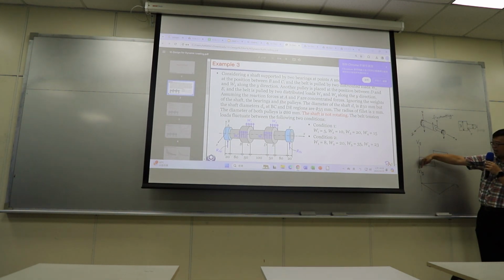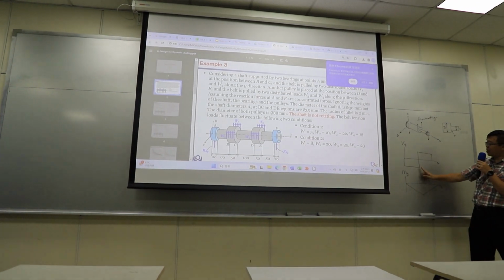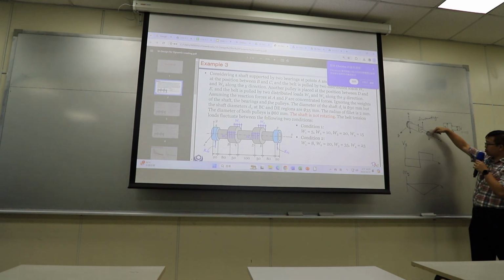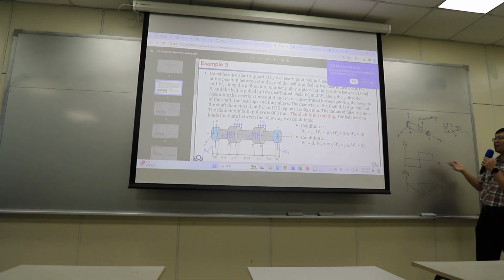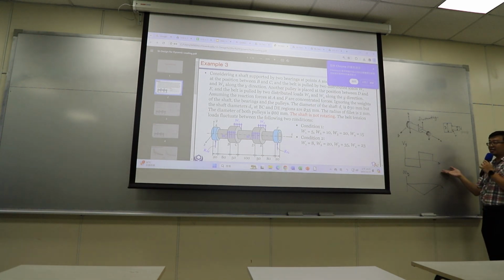reaction force going down, and then at this middle point, you have a shear force going up, and when you go to the edge, you have reaction force going down again. So that's how the shear diagram would look like.